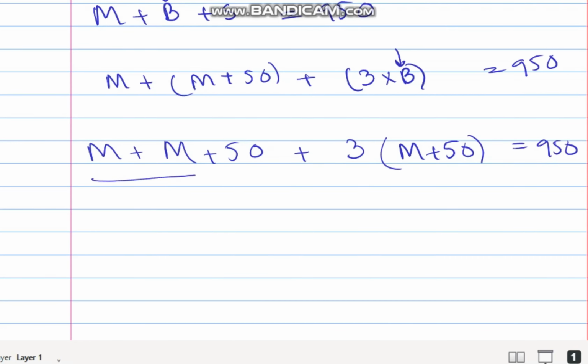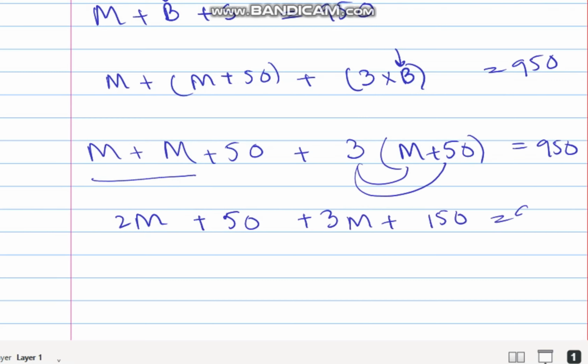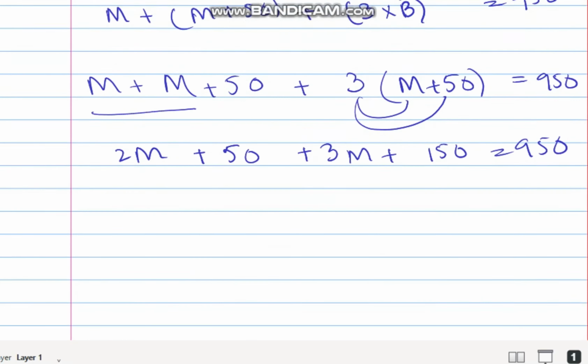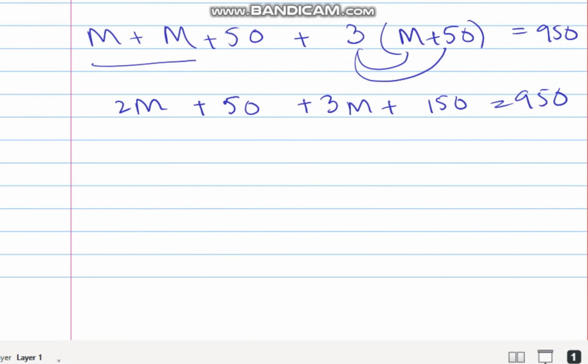Now please add these things. It will be 2M plus 50, plus 3M, with the 3 multiplied on both terms, 3M plus 150, equals 950. Now this is the equation, and we are going to simplify it.